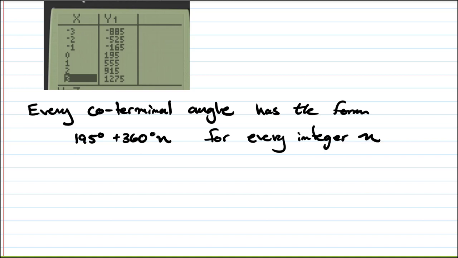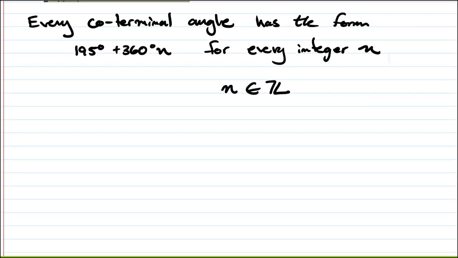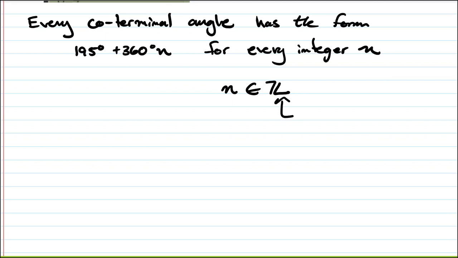So the way we are going to write this, this phrase can be abbreviated as for n in Z. So we make this funky blackboard Z looking thing, and this stands for the set of integers.